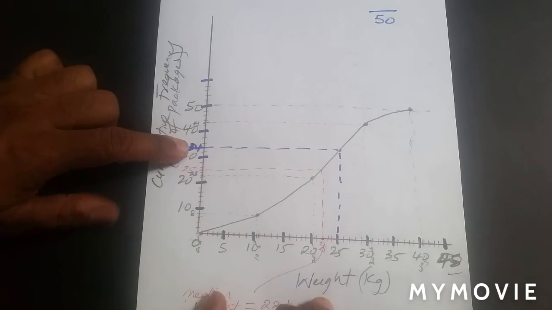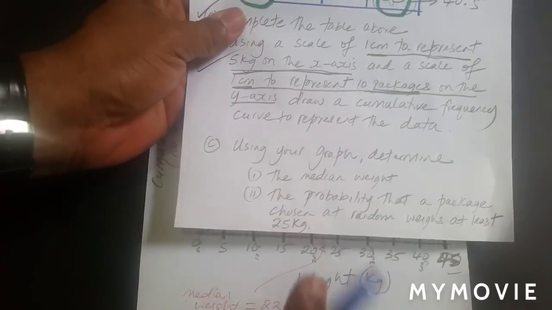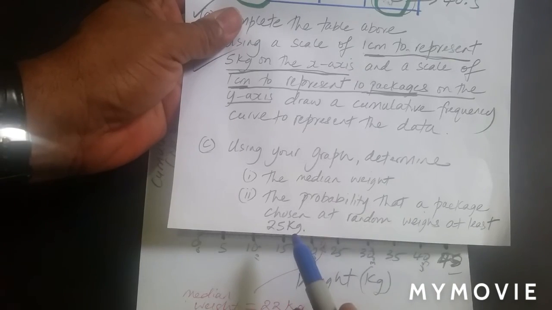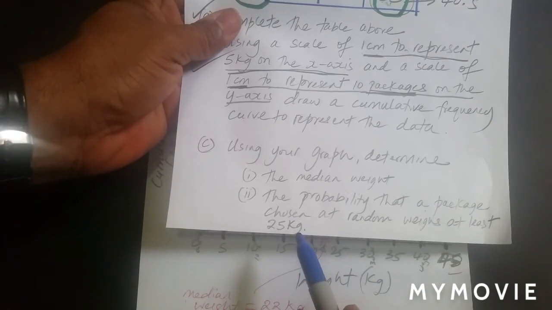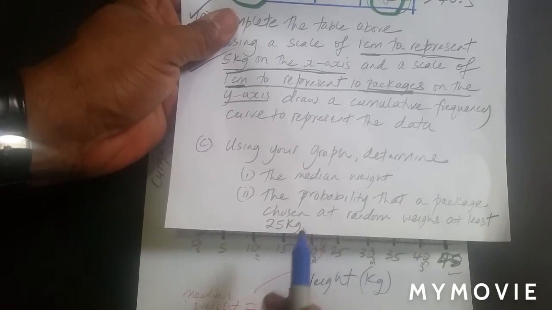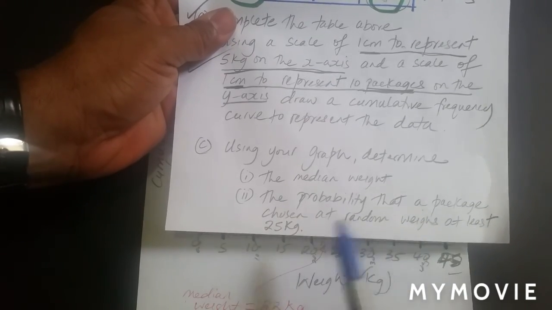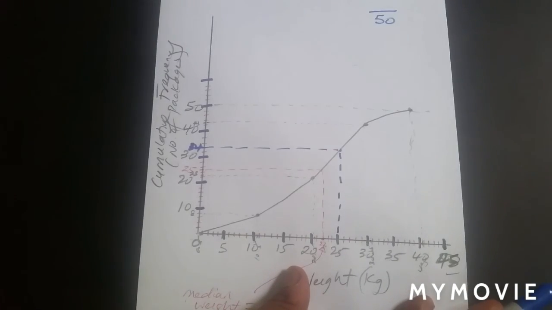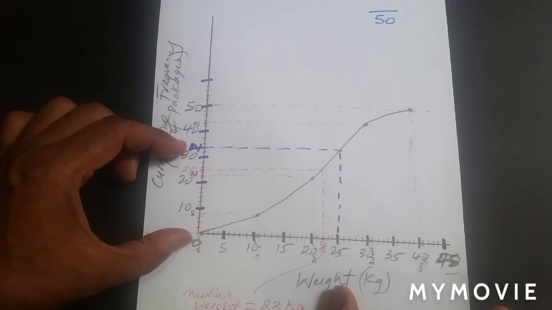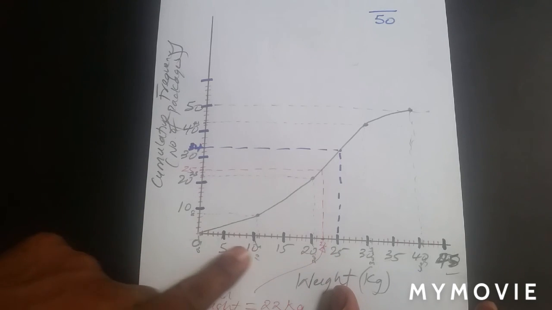is very important because it says, using your graph, determine the probability that a package chosen at random weighs at least 25 kilograms. So what they want to know is how many packages weigh 25 kilograms or more. So all of the packages down here would weigh 25 kilograms or less.